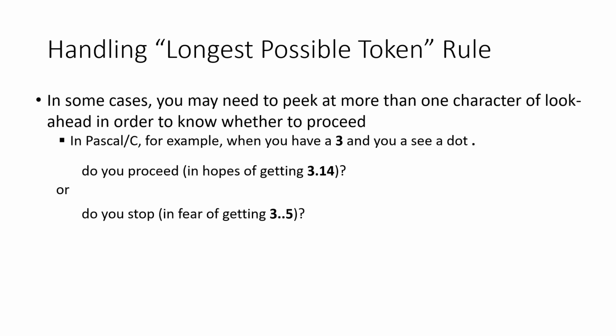Right. So now we will discuss how to handle the longest possible token rule when you implement a DFA. Recall that the rule about longest possible tokens means you return only when the next character cannot be used to continue the current token, and the next character will generally need to be saved for the next token. In some cases, you may need to peek at more than one character of lookahead in order to know how to proceed.